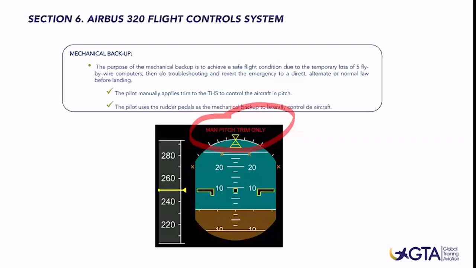But remember, it's not a flight law designed for landing. Just to keep the airplane safe in flight, go with the ECAM troubleshooting, go with the QRH, the quick reference handbook, check the FCOM, do all the abnormal procedures, and try to revert this flight control law from mechanical backup to direct or alternate law or normal law, and now we will be able to perform a safe approach and landing.